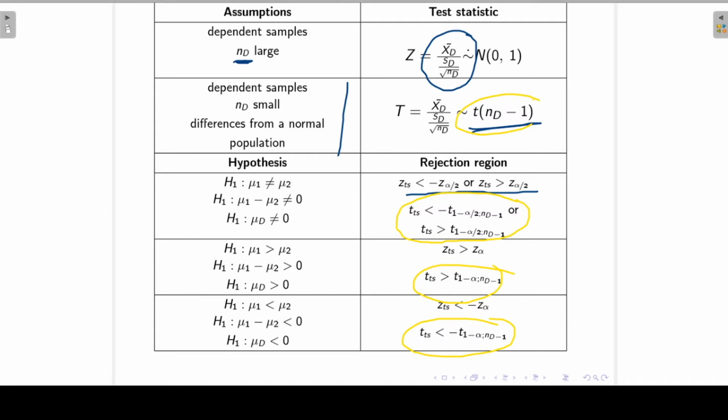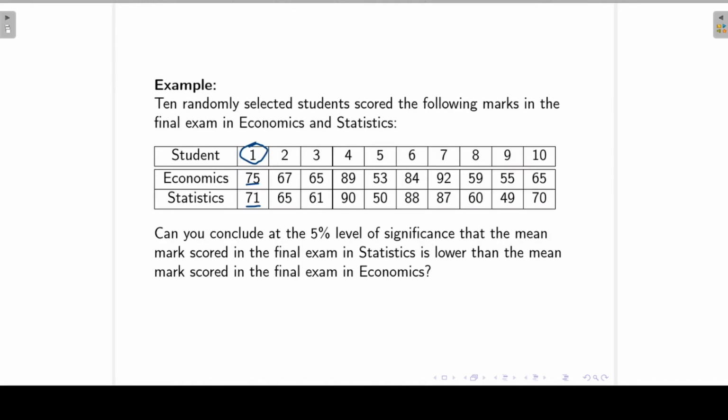Okay, so back to our example. The first step in a hypothesis test then is, of course, to state the null and the alternative hypothesis. Now, if you look at the last sentence, can you conclude at the 5% level of significance that the mean mark scored in the final exam in statistics is lower than the mean mark scored in the final exam in economics?